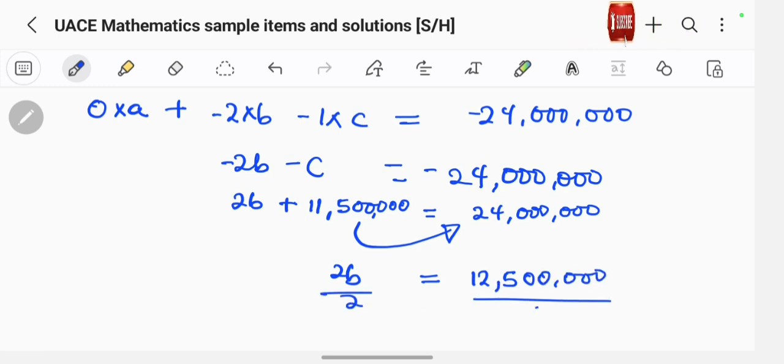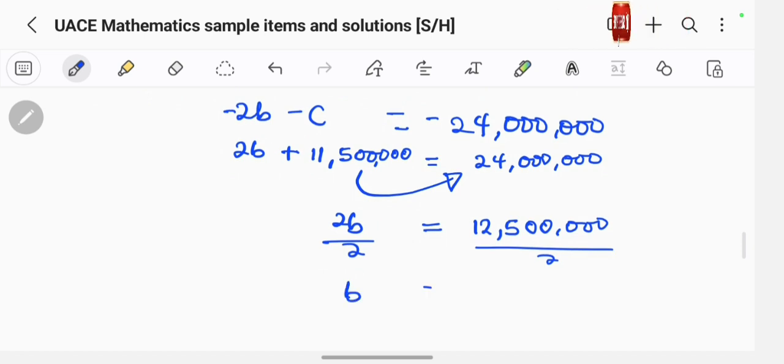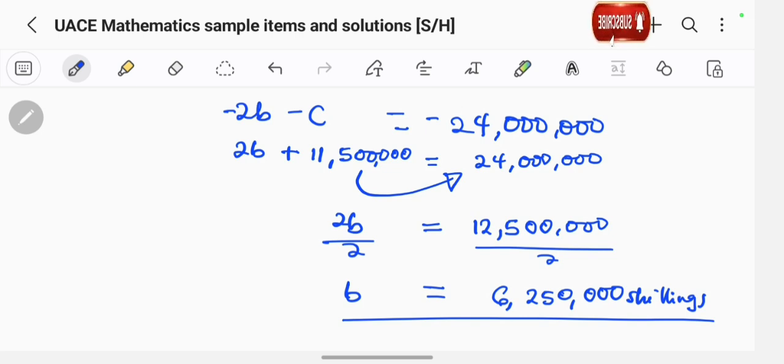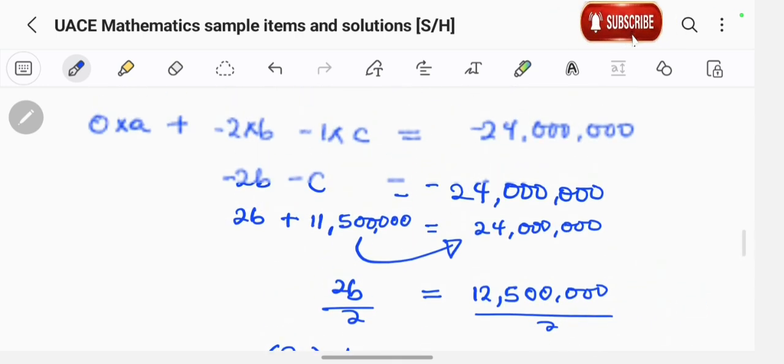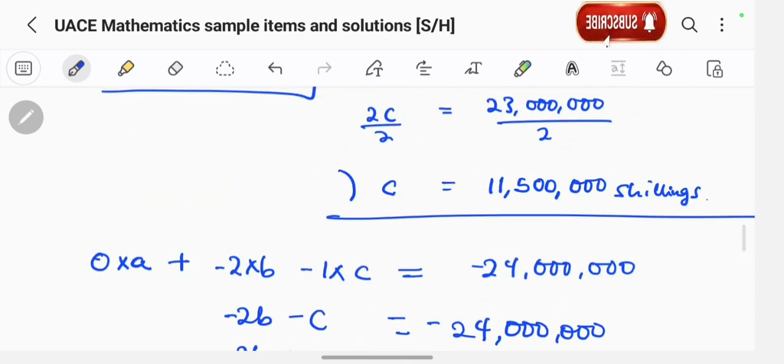When I divide by 2, I end up with B equal to 6,250,000 shillings. That's B. So it's the cost of drilling borehole B. And this was the cost for drilling borehole C.